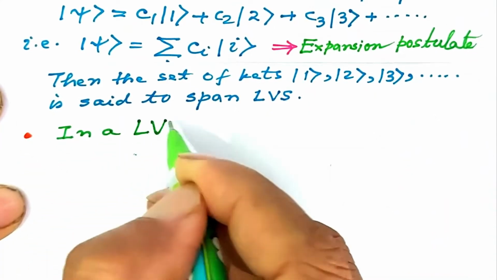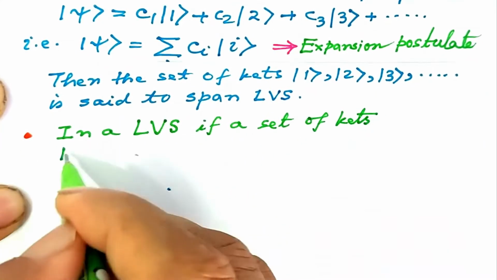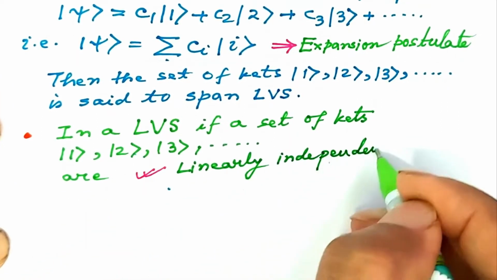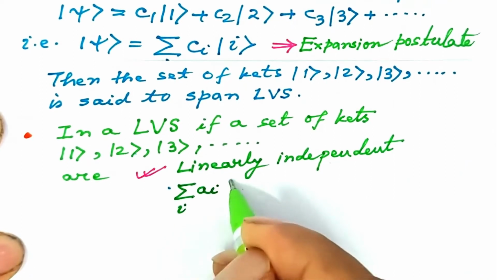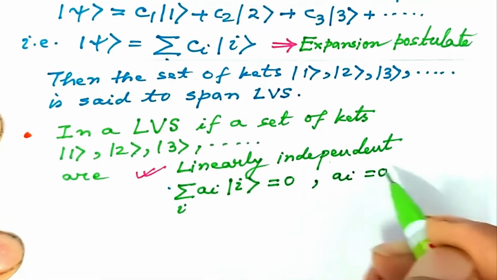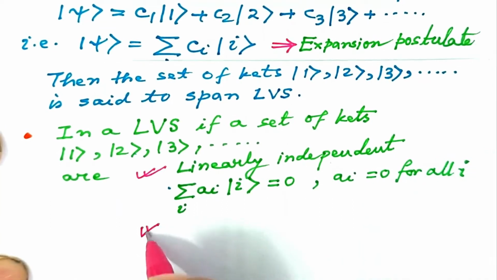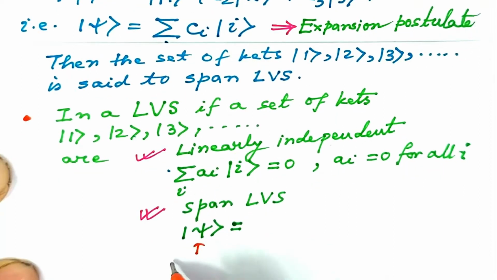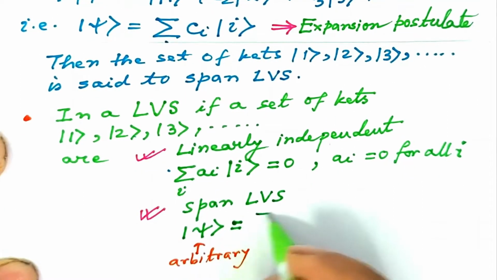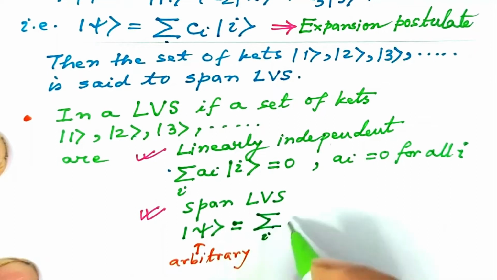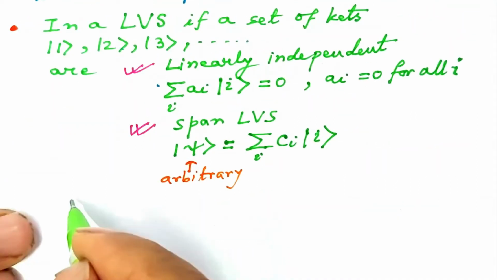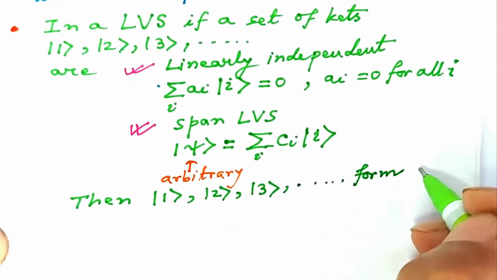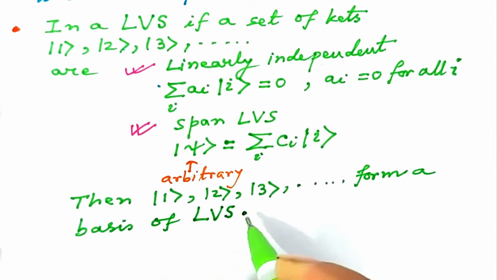In a linear vector space, if a set of kets ket1, ket2, ket3, etc. happen to be linearly independent, that is summation over i ai ket i equal to 0 where ai equal to 0 for all i, and also span the linear vector space, that is ket psi, which is any arbitrary ket, can be expanded as summation over i ci ket i, then the set of kets form a basis of the linear vector space.